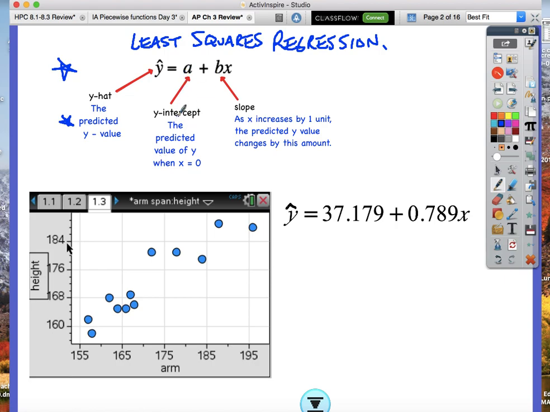A is the y-intercept. That's what y is predicted to be when the x value is 0. B is the slope. Remember, you can take any number, put it over 1. Also remember, when we talk about slope, y stuff is on top, x stuff is on the bottom. And here we're talking about y hat. So for every increase in 1x, your predicted y is going to increase or decrease by whatever b is.